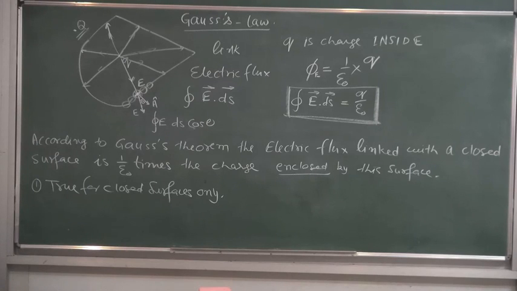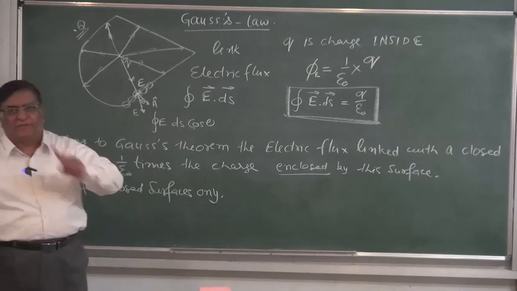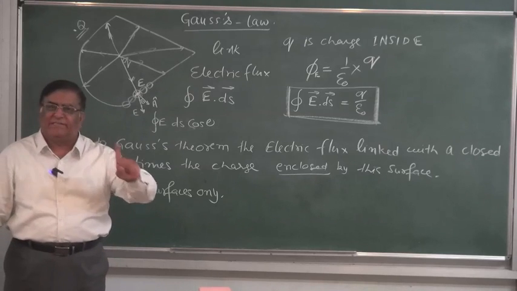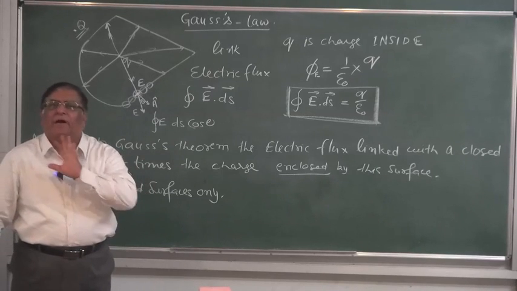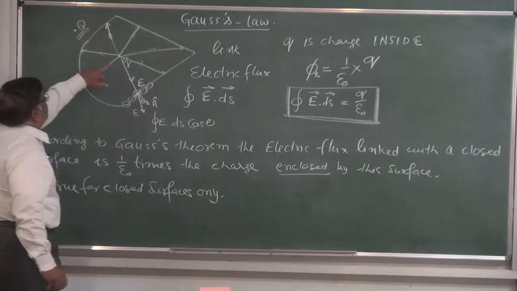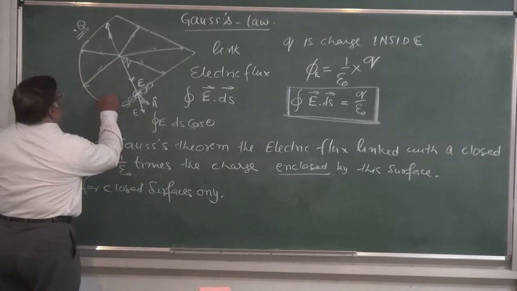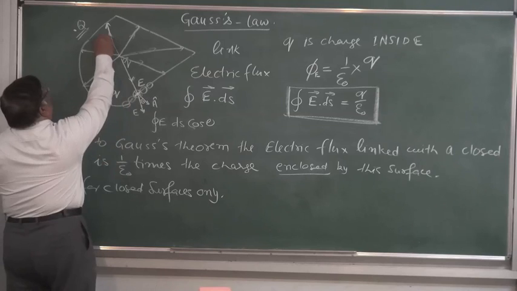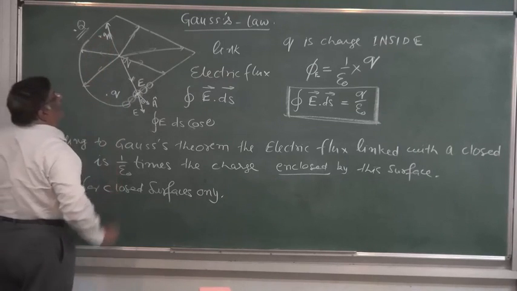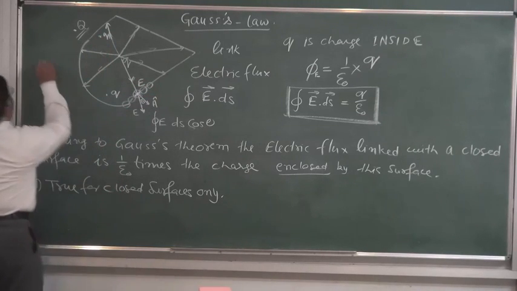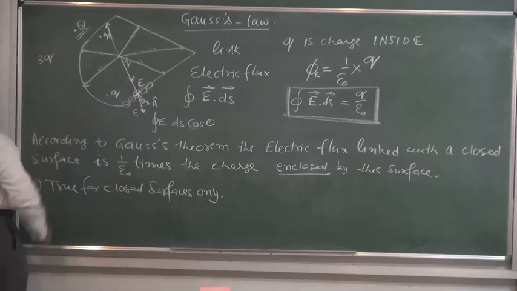The second thing is, whether the charge is one or the charges are many, it hardly matters. If one Q charge is here, one Q charge is here, and one Q charge is here, then in place of Q, how much will we take? 3Q.